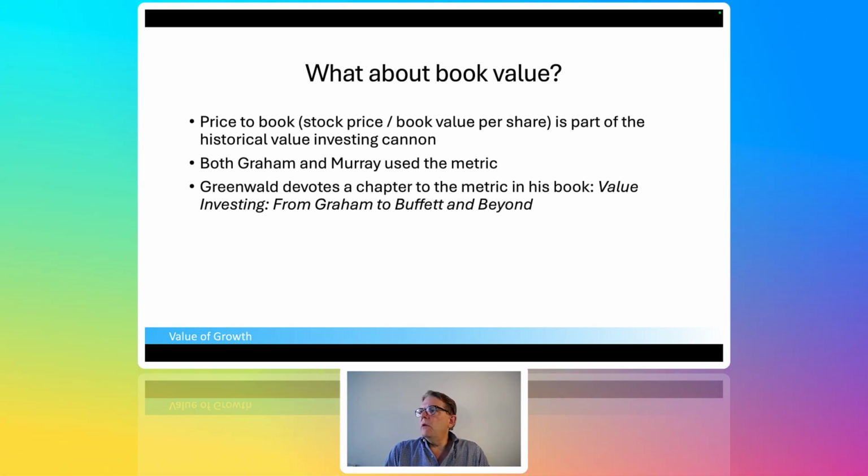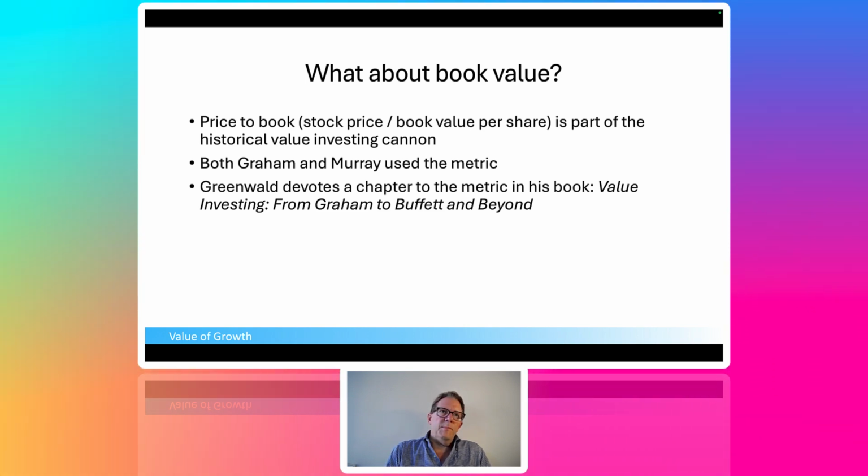Graham's really the father, and Murray's sort of the uncle of value investing. And then Bruce Greenwald from Columbia Business School, who I think made a huge contribution to value investing, which I'm going to talk a lot about in our next series of lectures, devotes a whole chapter in his book, Value Investing from Graham to Buffett and Beyond, which has been a wildly successful book on value investing.